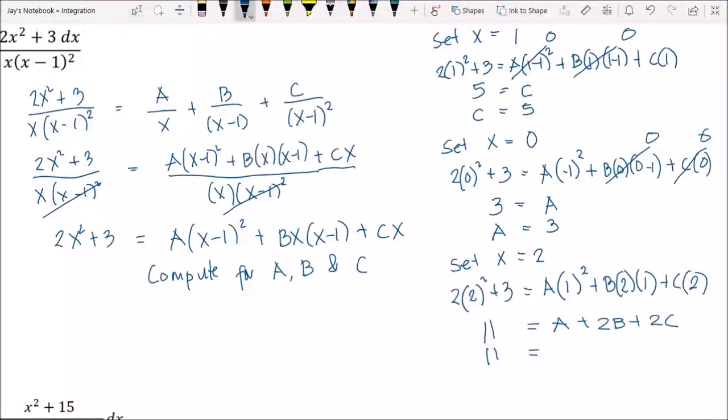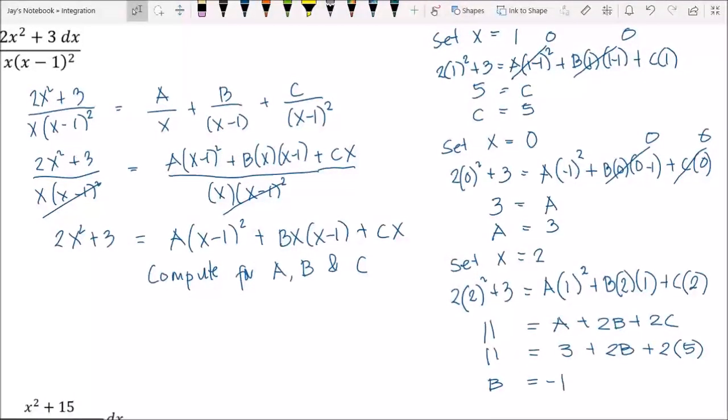Now we already have a value of a and a value of c, so 11 is equal to, what is our value of a? That is 3, plus 2b plus 2, what is the value of c? That is 5. Okay, so therefore we can get b: we have 11 minus 10 minus 3, which is equivalent to negative 2, and so 2b is negative 2, so b is negative 1.